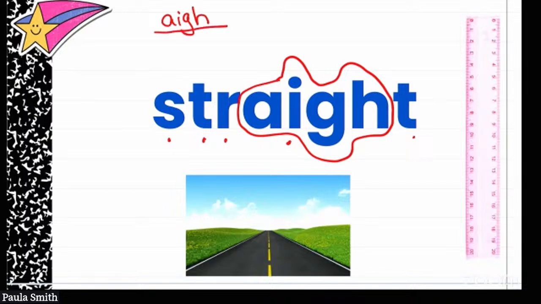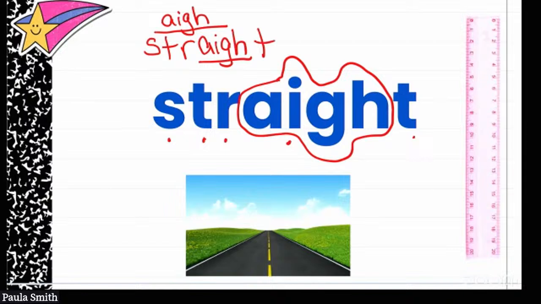Say each sound as you go, but before you get to that AIGH, you better take a long, deep breath because you need to hold that sound while you write all four of them. It'll sound like this. S, t, r, a, t, straight.